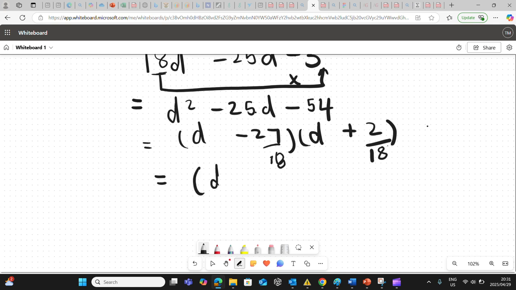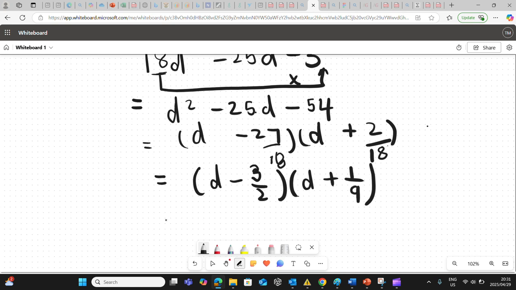The first fraction simplifies to be a negative 3 over 2. So that's that fraction. The second fraction simplifies to be a 1 over 9.